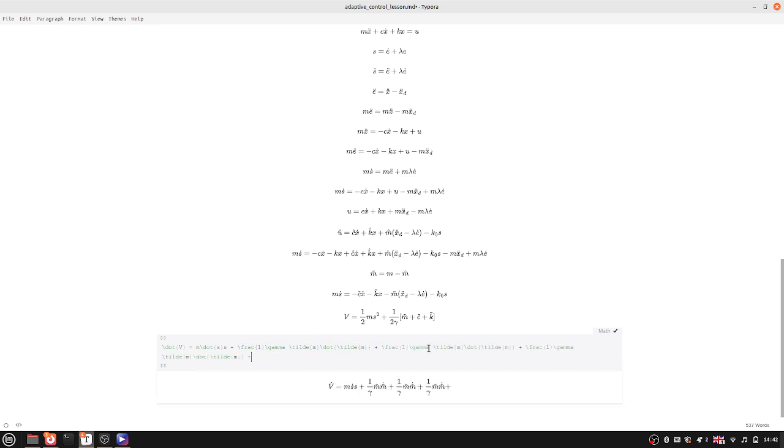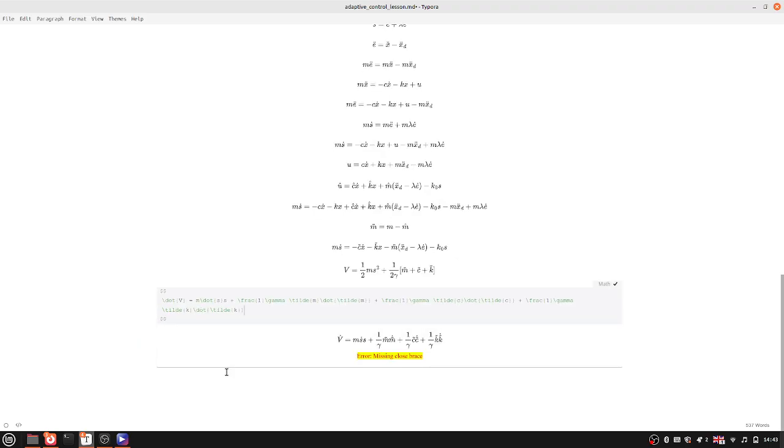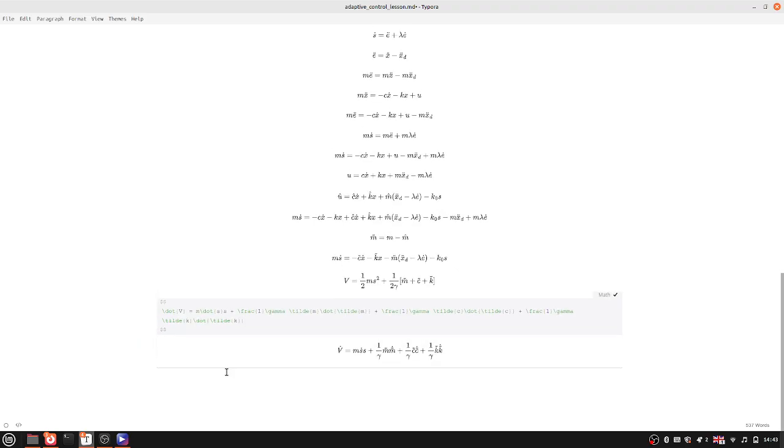Save me having to write that out every time. C, K, there we go. So that's our dynamics. That's the first derivative of the Lyapunov function done.